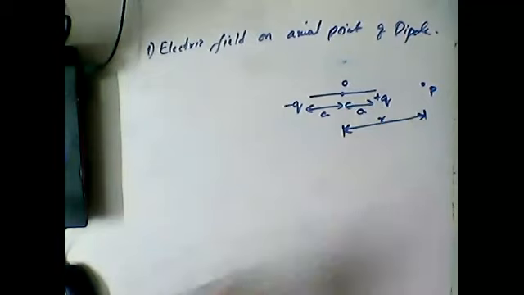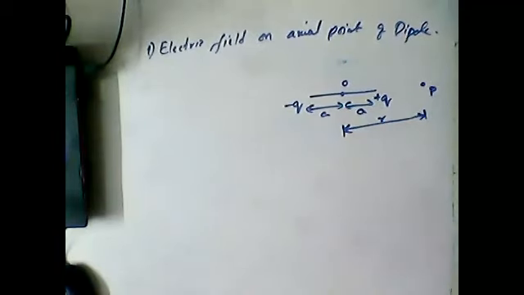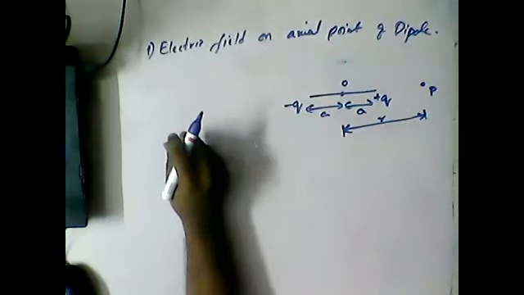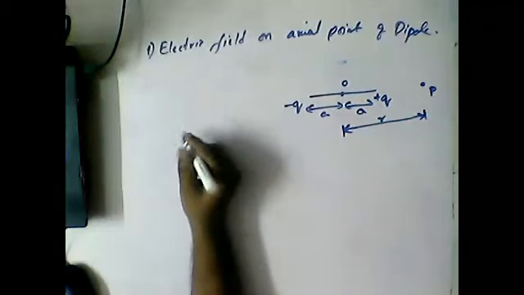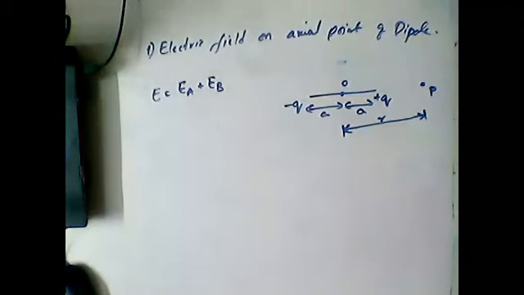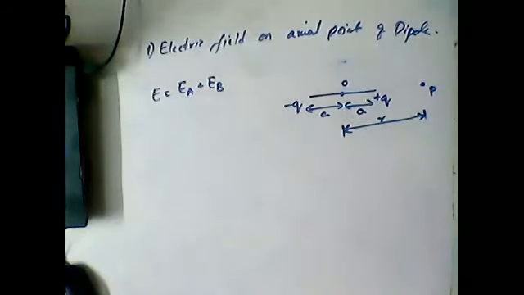Now I'm going to find the electric field at this point. Whenever 2 charged particles are there, based on the principle of superposition, we can write E net is equal to EA plus EB.